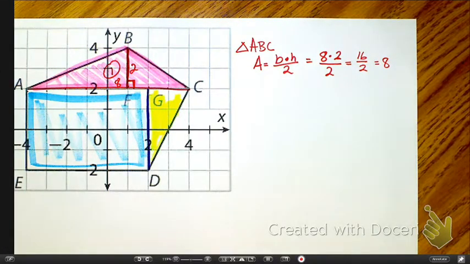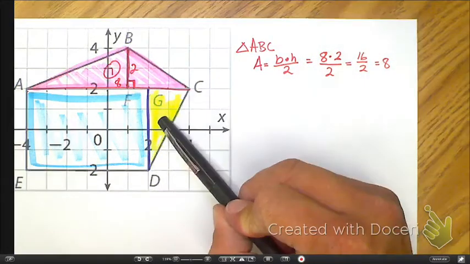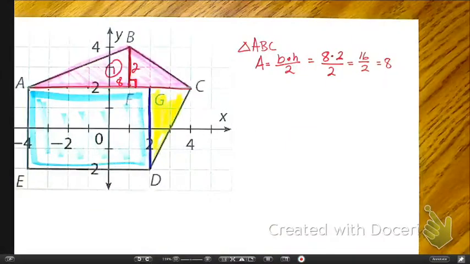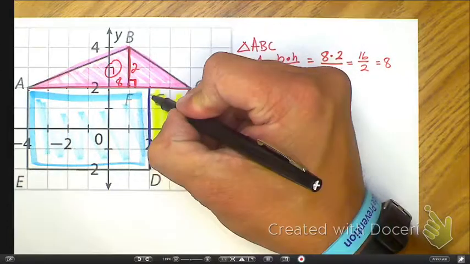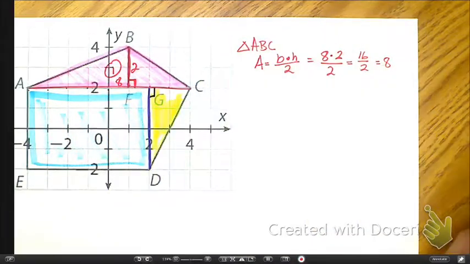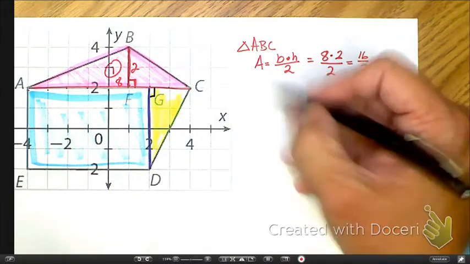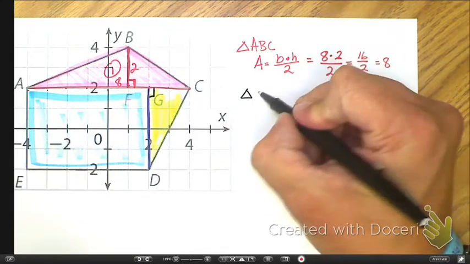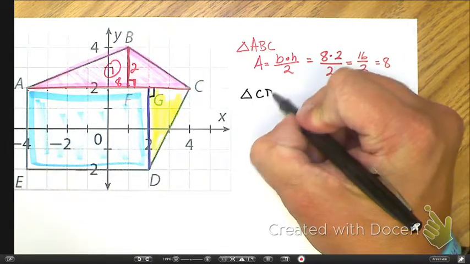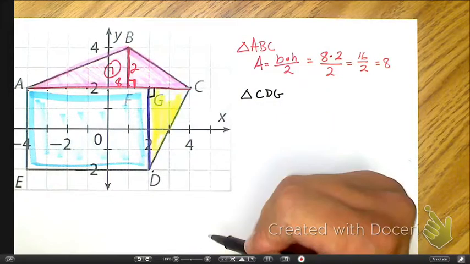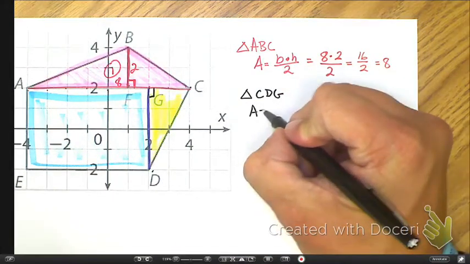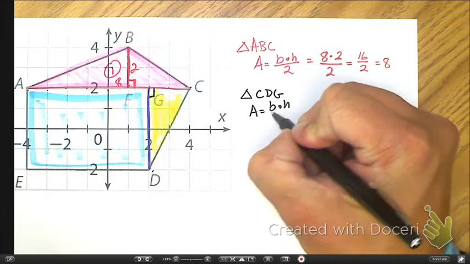Continuing on, now we will work to find the area of our yellow triangle right here. Fortunately for us, if we look closely at our coordinate plane, it is a right triangle again. Triangle CDG. Base times height divided by 2.